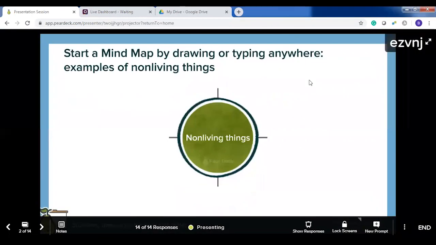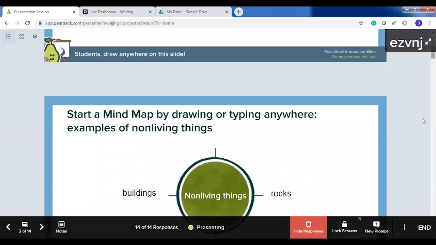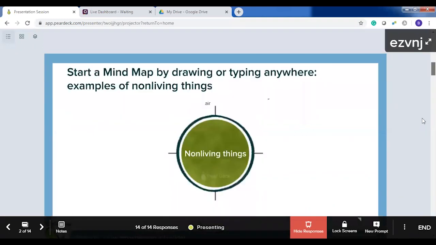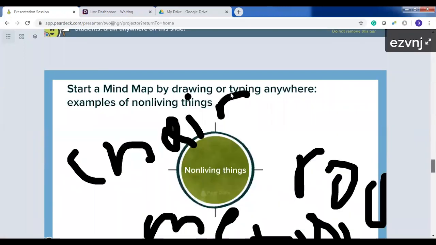Okay, so you wrote something here. Let me see. So buildings, rocks, chair, metal, toys. Now, what about non-living things that are found, let's say, in nature?